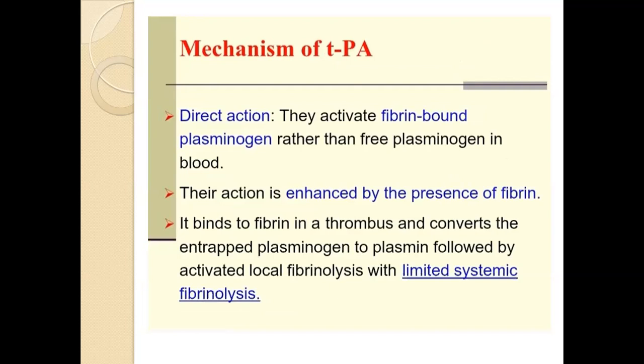They activate fibrin bound plasminogen rather than free plasminogen in blood. Their action is enhanced by the presence of fibrin. It binds to fibrin in a thrombus and converts the entrapped plasminogen to plasmin, followed by activated local fibrinolysis with limited systemic fibrinolysis.